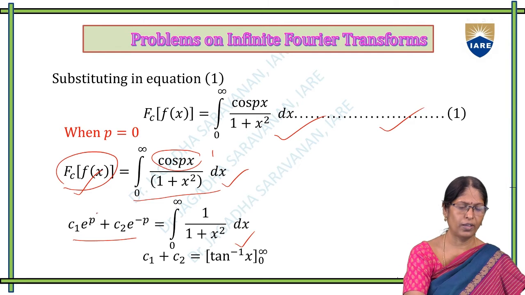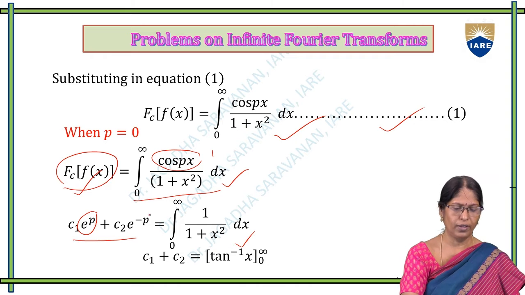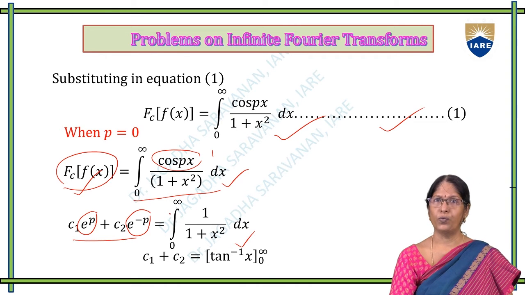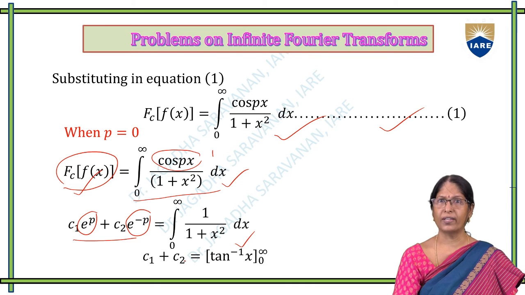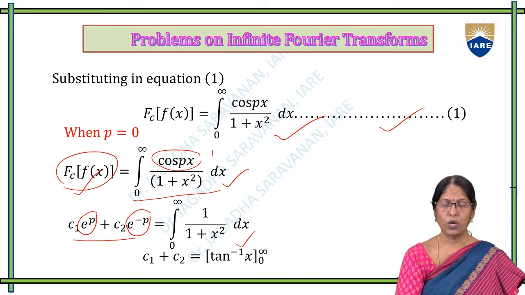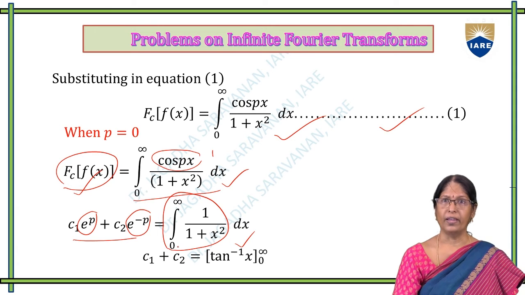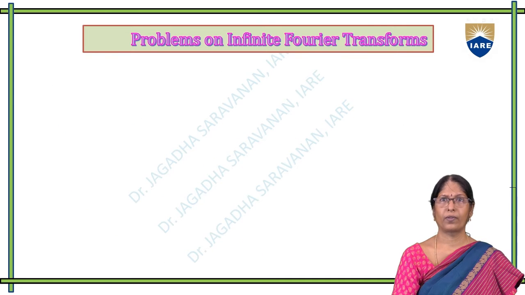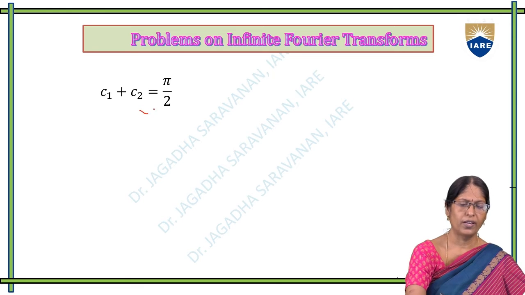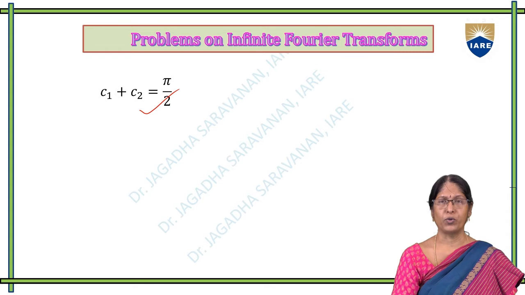We know here e power 0, the value is 1. Here also, the value is 1. So c1 plus c2 equal to, this integral is tan inverse x from 0 to infinity.